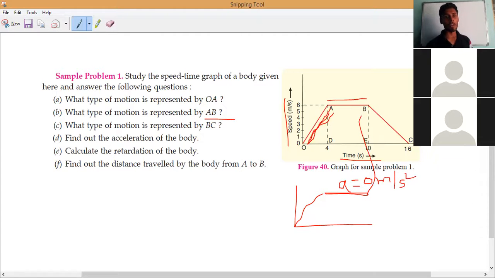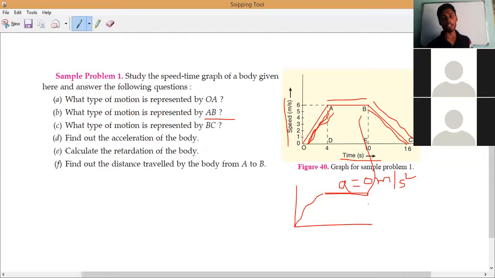Now same way, if you observe, what type of motion is represented by BC? You have to speak, you have to communicate with me. What type of motion from B to C? B to C, decreasing acceleration, correct or not?